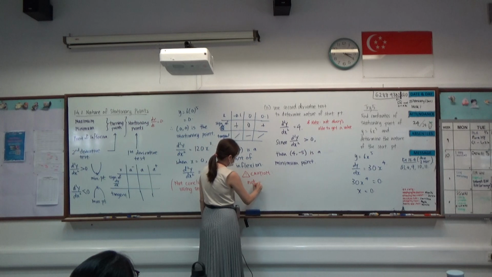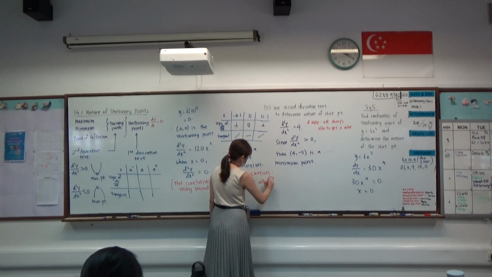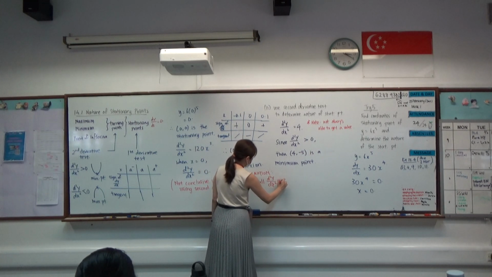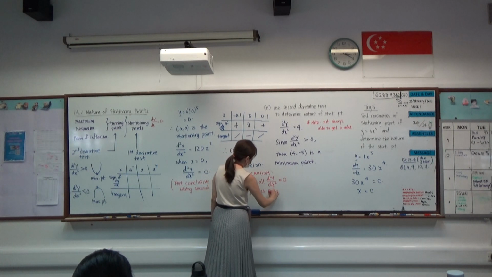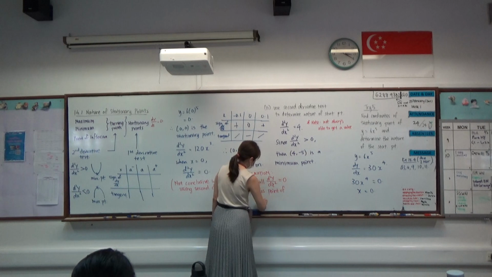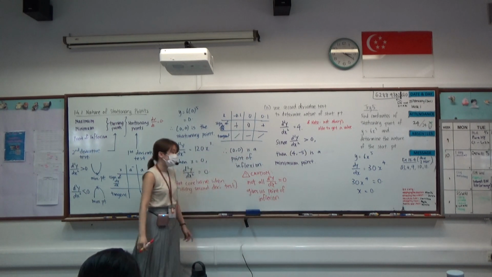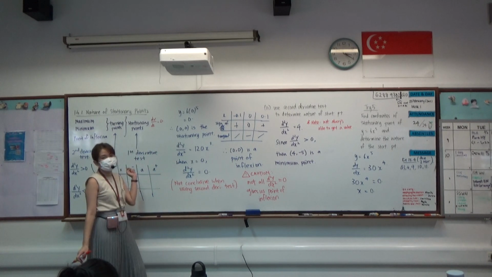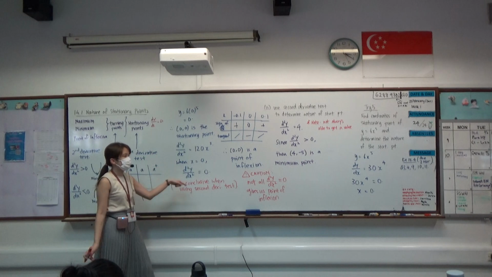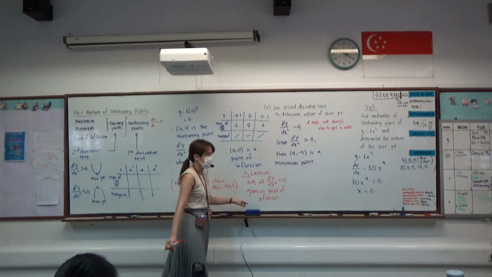Okay, not all d2y over dx squared equal to 0 gives us a point of inflection. So we cannot draw that conclusion, right? It is purely coincidental that in this case you're getting a point of inflection. Alright?